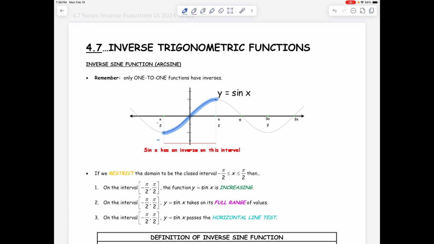That's going to be our domain restriction, and the rest of the graph we're going to leave behind. So in order for it to be one-to-one, it must pass the horizontal line test. And to pass the horizontal line test, you need to restrict the domain.